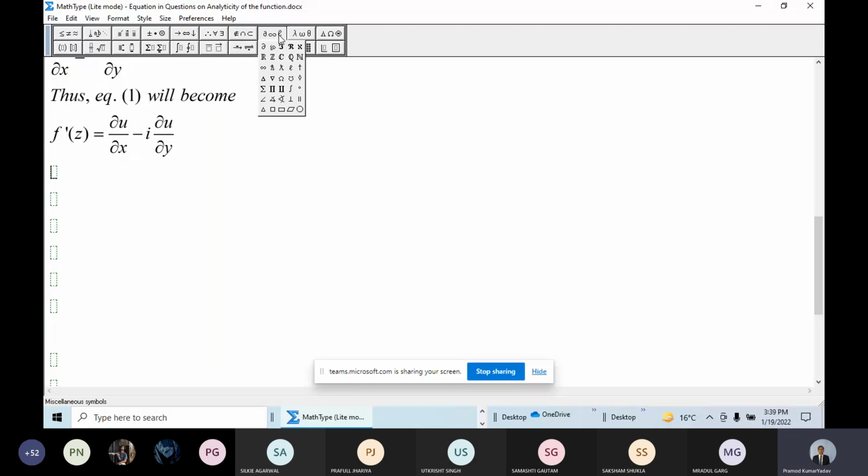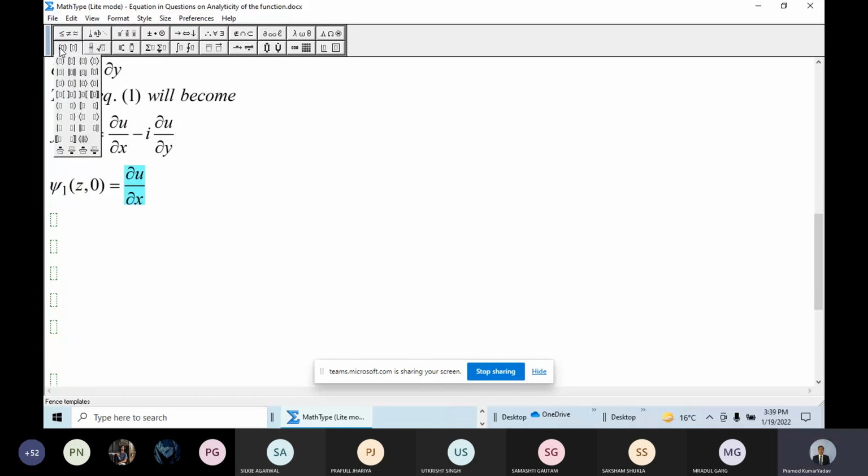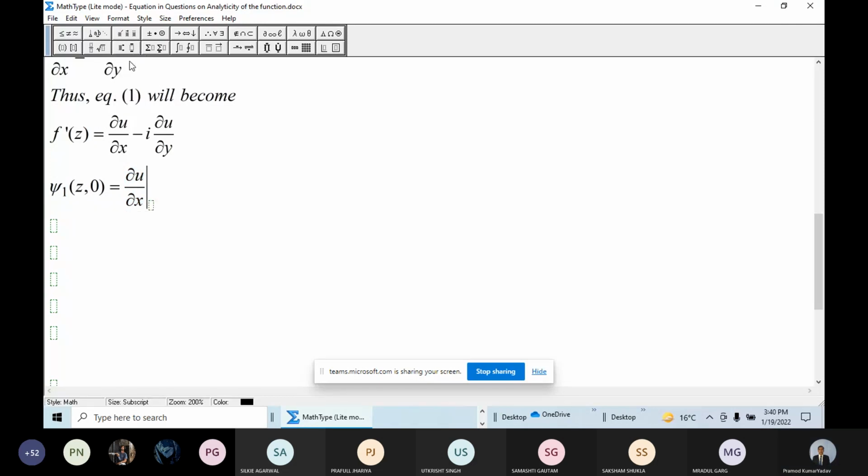You all should remember, this is the last point. Psi 1 is a function of z, 0, and this is del u by del x at x equal to z and y equal to 0.